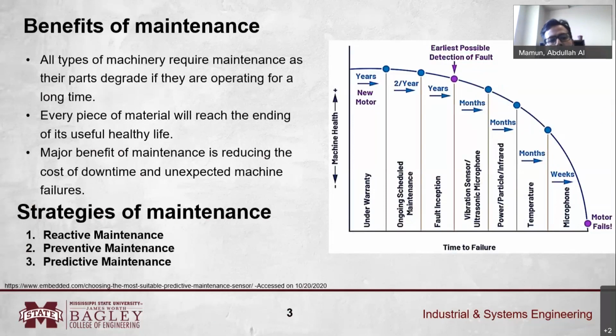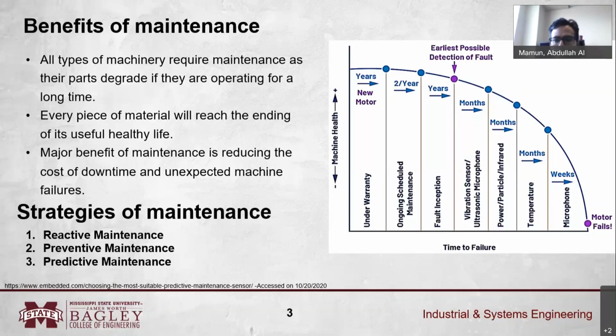Another concept is that every piece of material should be used until near the end of its healthy life. So it's a trade-off between the maximum use of machinery and how we can get the most outcome from that machinery. Another major benefit is that maintenance reduces downtime cost and unexpected machinery failure.